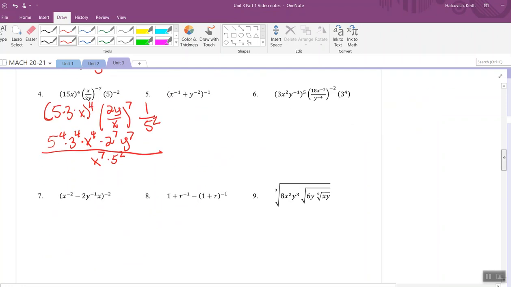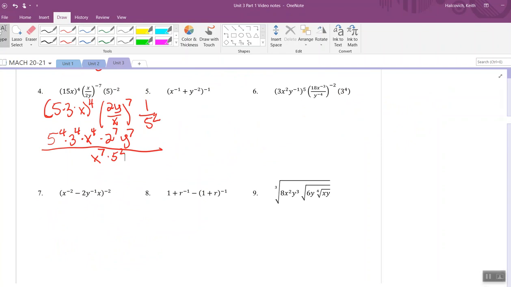Then we can combine, so 5 to the 4th over 5 squared, that's going to be 5 squared. We do have 2 to the 7th, and we have 3 to the 4th, and then we have x to the 4th over x to the 7th, so x to the 3rd in the denominator, and then we have y to the 7th in the numerator. And that's our final answer.